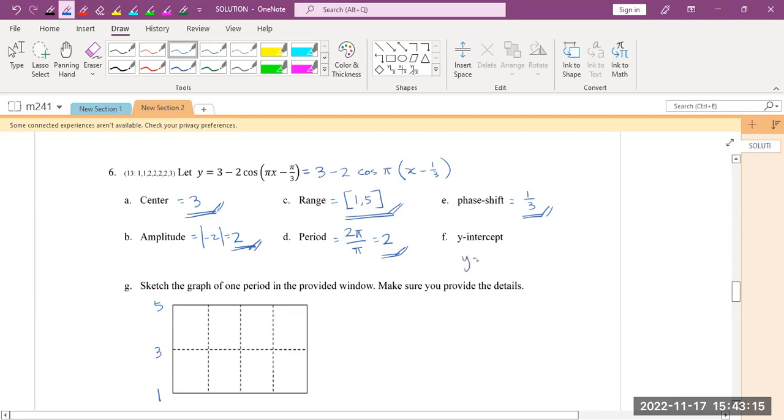So y equals 3 minus 2 cosine of negative pi/3. This is 3 minus 2 cosine, or cosine of negative is cosine of positive pi/3. Now cosine pi/3 is 1/2. So 2 times 1/2 is 1. So 3 minus 1 is 2. The y-intercept is (0, 2).